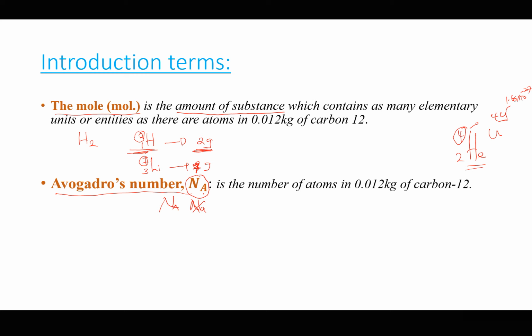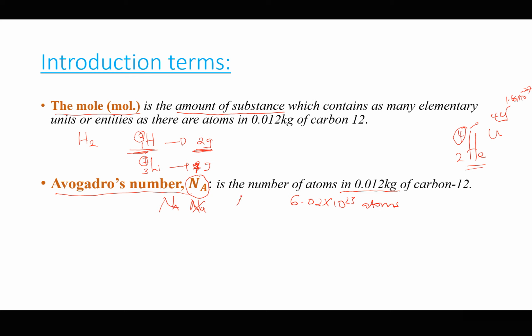So what do we mean by Avogadro's number? Avogadro's number is the number of atoms contained in 12 grams or 0.012 kilograms of carbon-12, as simple as that. Experiments have shown that 12 grams of carbon-12, or 0.012 kilograms of carbon-12, contains 6.02 times 10 power 23 atoms.